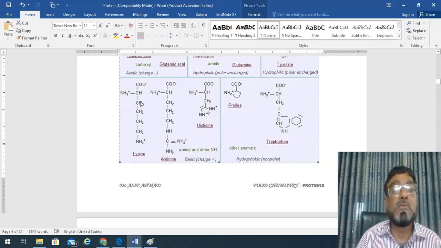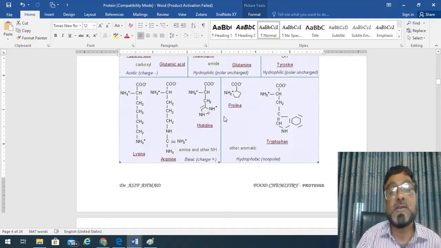Right? So what is this one? This is the same structure as we discussed, and there are 4 CH2 and 1 terminal NH3 in the lysine. And arginine, there are 3 CH2, then NH, C double bond NH2 and NH3.